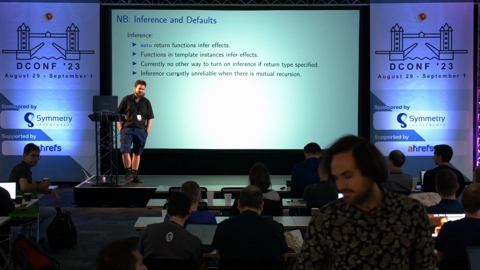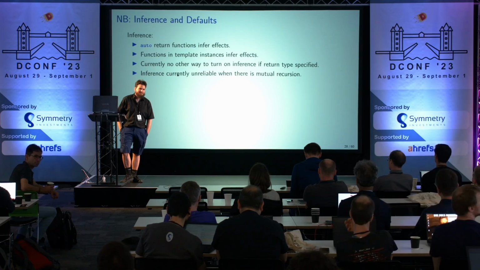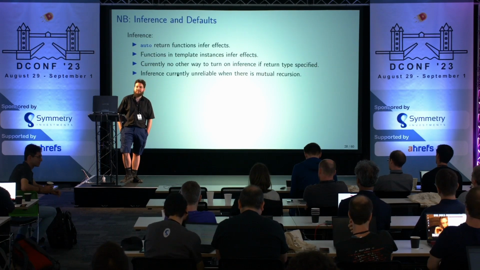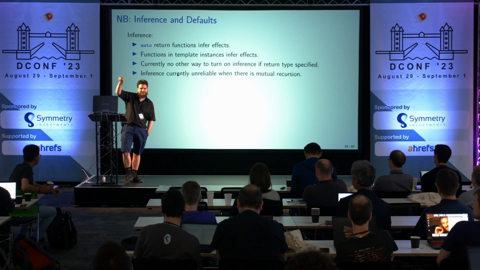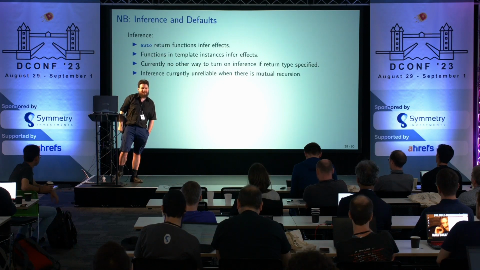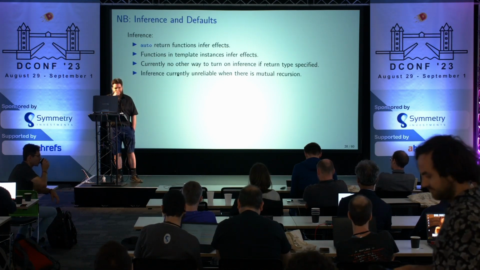There is a way to turn on the inference if the return type is specified. You just add opening and close parens to the parameter list and make it a template. I fully agree, but there is no other way, right? There's like the first way, there's the second way. You describe the second way, but there's no other way. I mean, this way that you specified works.